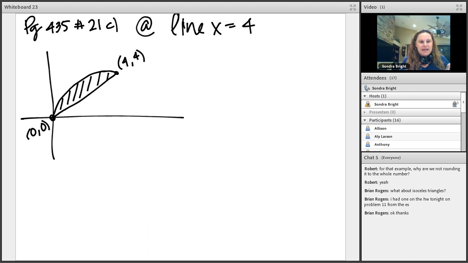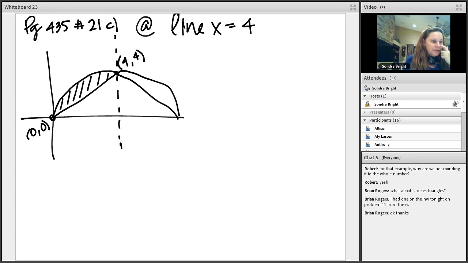Now we're going to revolve it around the line x equals 4, which would be this line right here. That's your axis of rotation. I'm going to wrap it around that, something like that. Still a bowl, still the cone inside, but wrapped around that way.